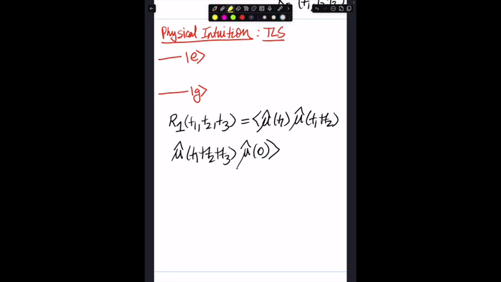So this one here corresponds to the emission of the signal field, whereas these three dipole operators contribute towards the evolution of the system and the various transitions which take place before the emission of the signal field.